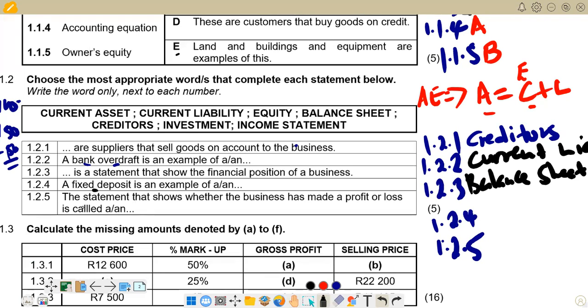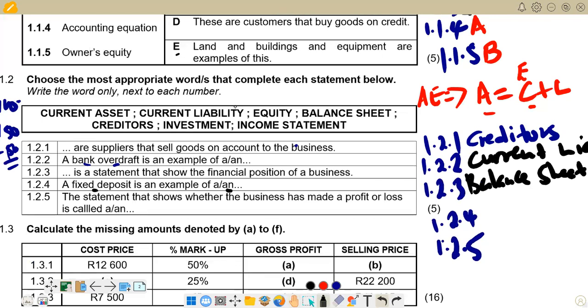So they are saying it's an example of a. That is the question. We have to identify what it is. It is an example of an investment. We can call it an investment because we are spending money. We are putting money there so that it earns interest. So whenever you put money and expect that money to increase its value or earn interest, we call it an investment.